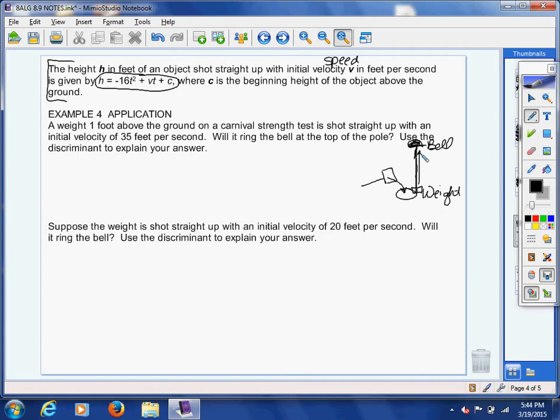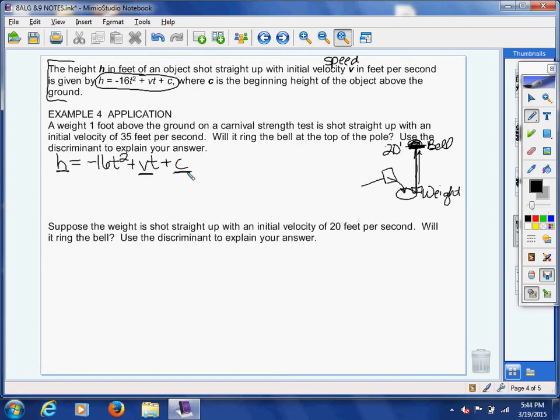Well, in your book, and you need to know this to help you solve the problem, the top is 20 feet high, and that's the height that we are trying to reach. So when you plug into h equals negative 16t squared plus vt plus c, you actually need to know 3 things: height, velocity, and of course, the beginning height of the object, which is c.